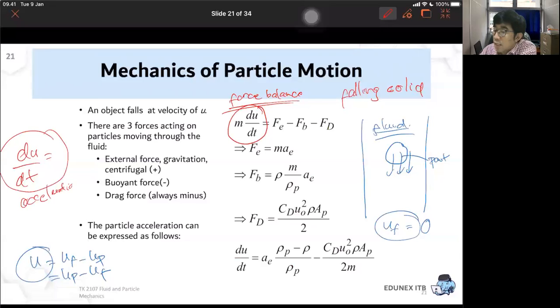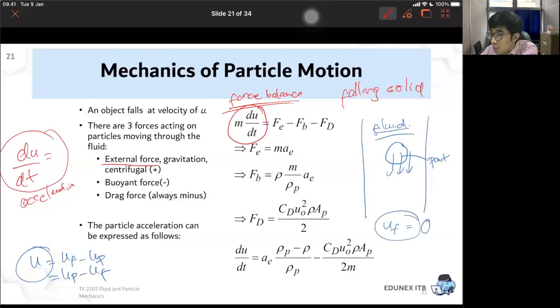Okay, so we can derive the force balance. It consists of all the forces that act upon the particles. What kind of forces are experienced by the particles? First, we call it the external force, which comes from the weight force.